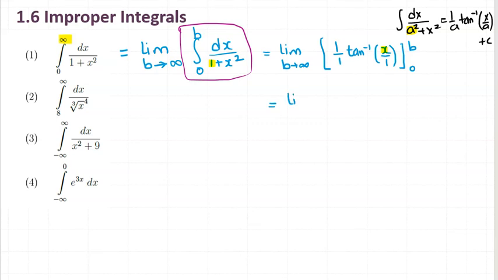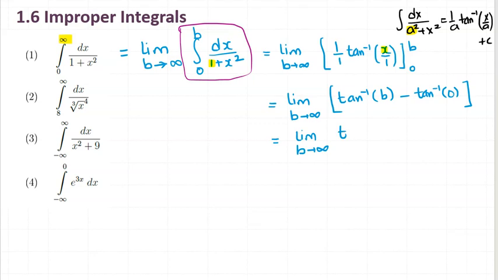This gives you limit as b goes to infinity of tan inverse of b minus tan inverse of 0, by substituting the limits. We always substitute the upper limit first and then the lower limit. Now, tan inverse of 0, if you check by calculator, gives you 0. So as b goes to infinity, we are left with tan inverse of b.